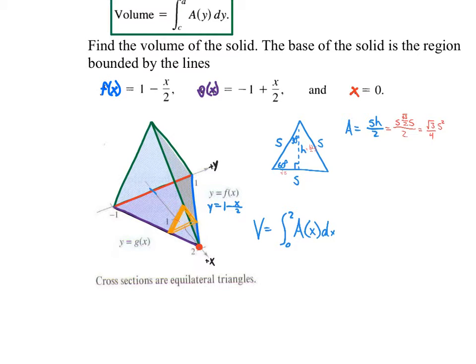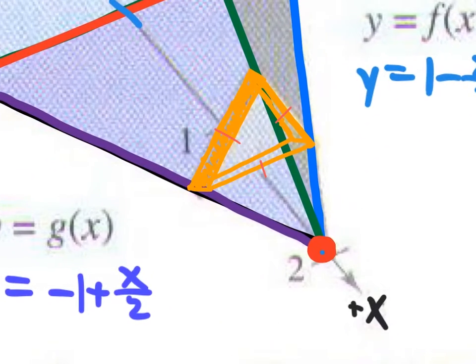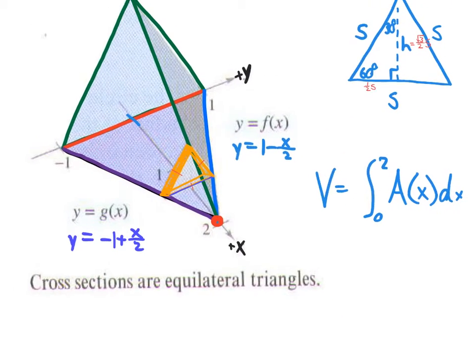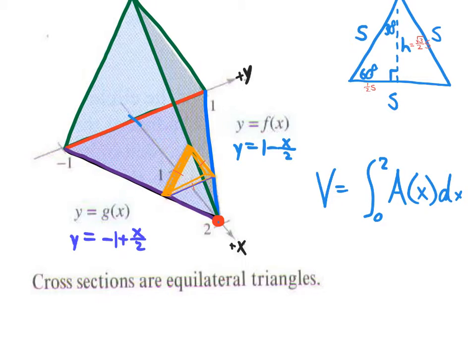And g of x was negative 1 plus x over 2. So, how am I going to find how long this side is? It's the distance between those two at that value of x, right?